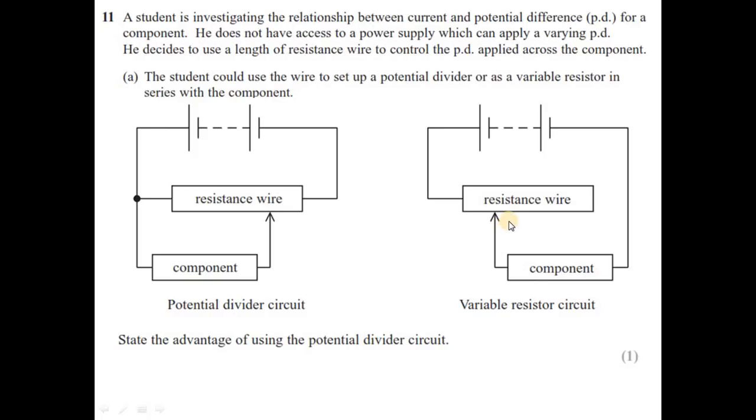But in a variable resistor circuit, you cannot make zero resistance present in the circuit. There must be some resistance involved. But in a potential divider, in fact, you can make zero resistance and you can start from zero to some maximum value, but you cannot make it zero for the variable resistor circuit. So that's how you can differentiate these two circuits.